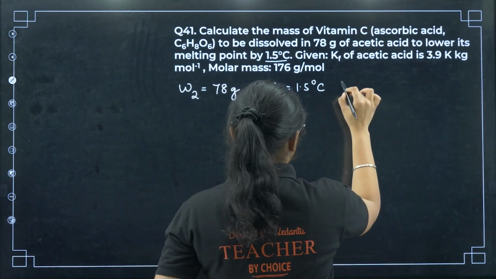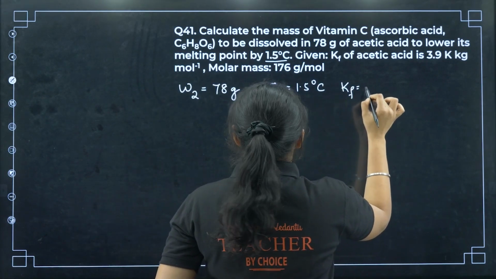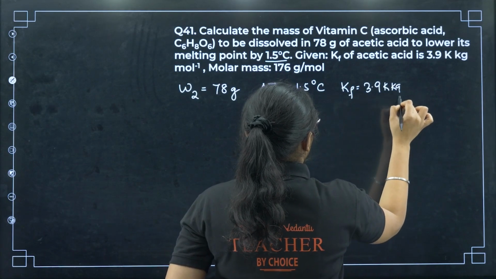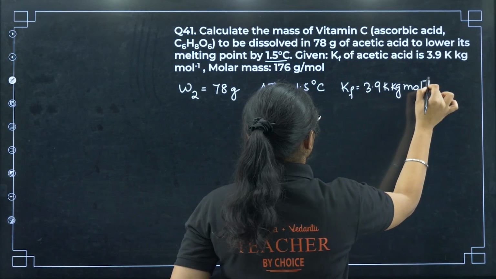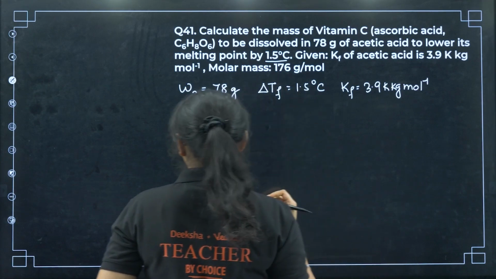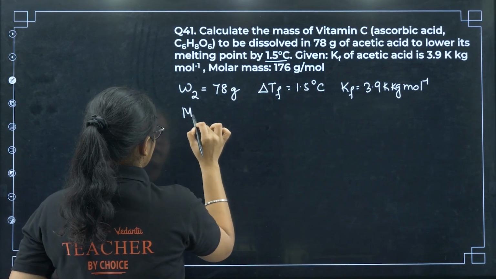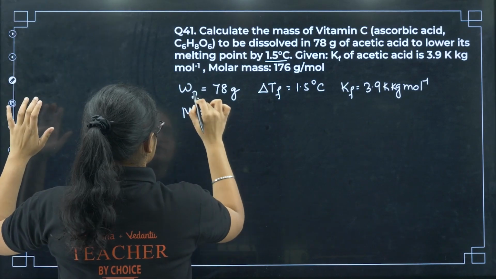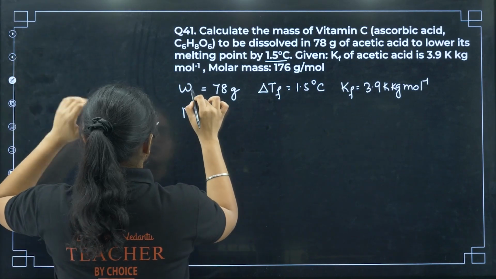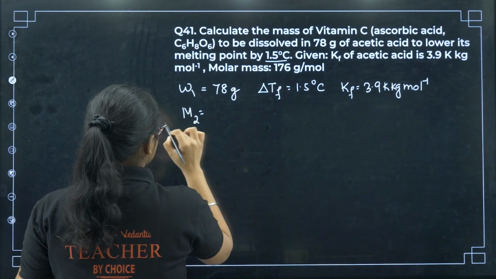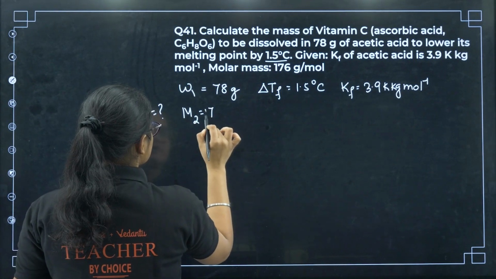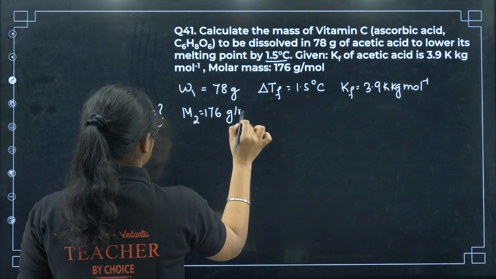Then I have the Kf value as well, 3.9 Kelvin kg mole inverse. Next I have the molar mass, that is M2. W2 we have to find out, and the molar mass here is 176 gram per mole.